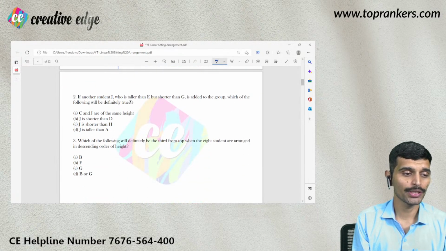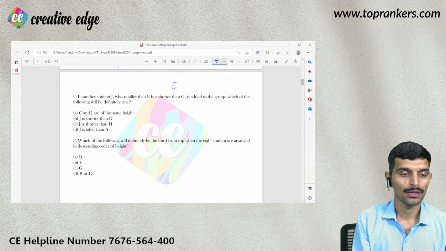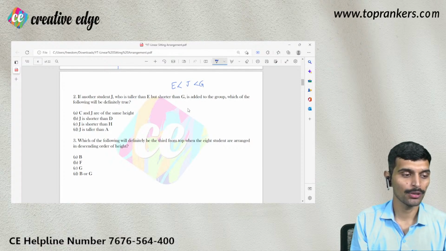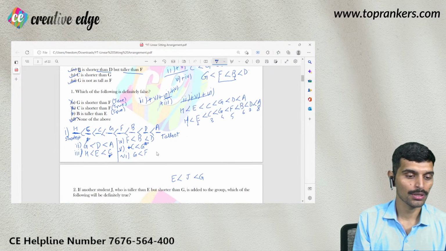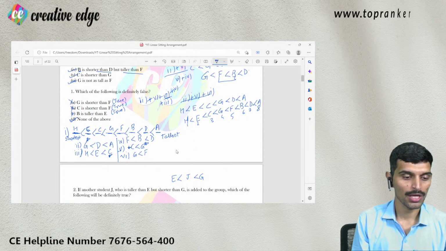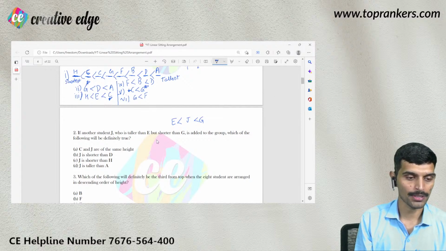If another student J, who is taller than E but shorter than G, is added to the group, which of the following will definitely be true? So we are adding J to our sequence, and J can take two different places, right?